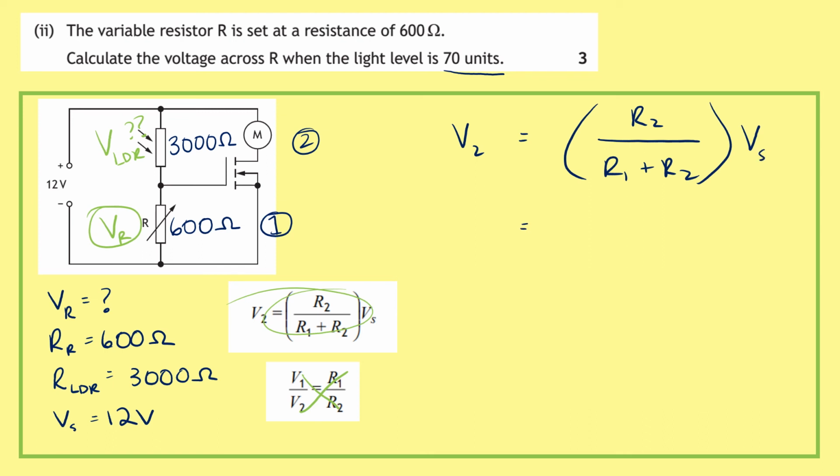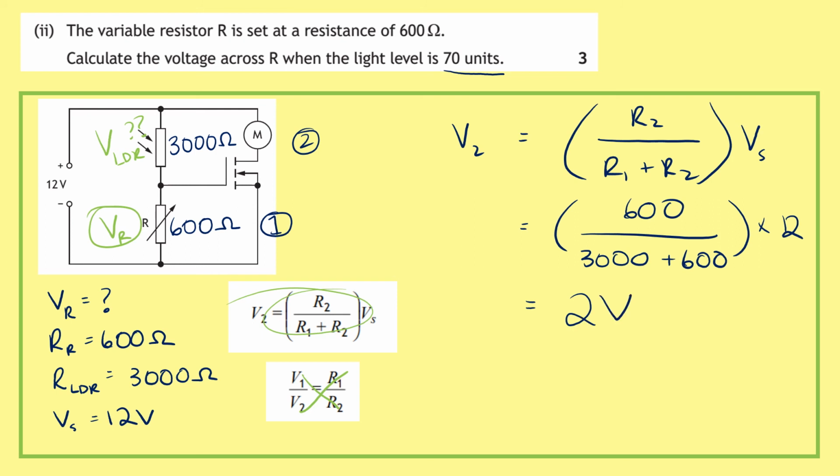R2 is 600, because that's our resistance of the variable resistor. R1 plus R2 is 3,000 plus 600. You multiply all of that by 12. Popping that into your calculator gets you to 2 volts. There we go. So the voltage across R when the light level is 70 units is 2 volts.